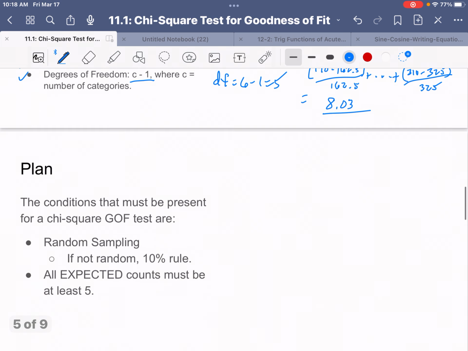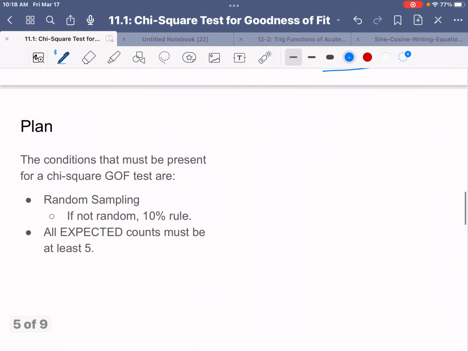Now, the plan phase, where you check the conditions for a chi-square goodness of fit test, is very, very simple. 2 conditions. Were the data obtained from random sampling? Well, if not, then invoke the 10% rule.